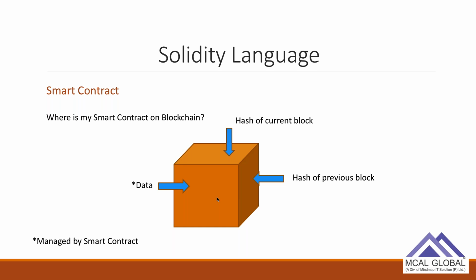Whenever any block in the middle gets changed or tampered with, the hash is not valid for that block, because the hash of the current block is the signature of your data. If you change the data, the hash changes, and the same hash should be copied in the next block, so the chain will be broken. That is how it is maintained.